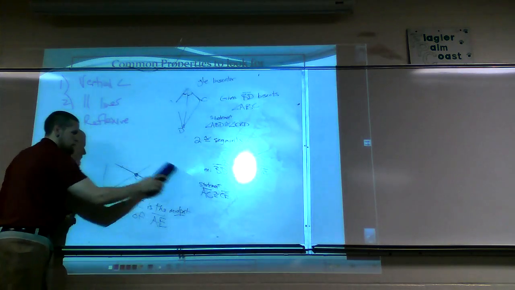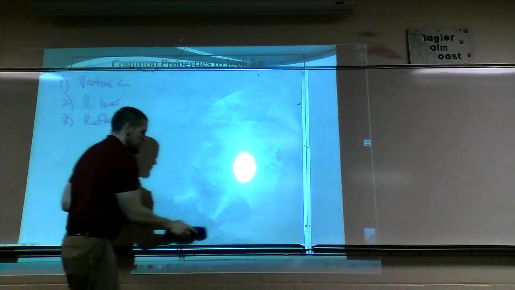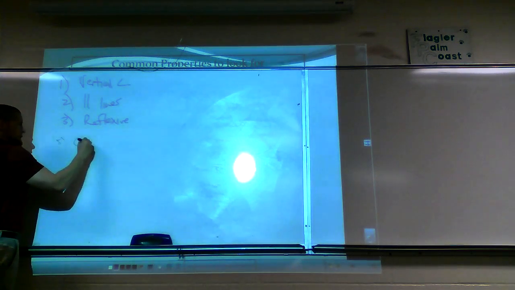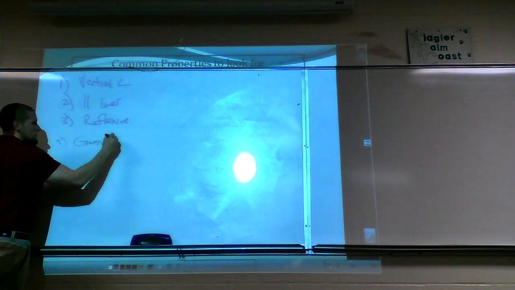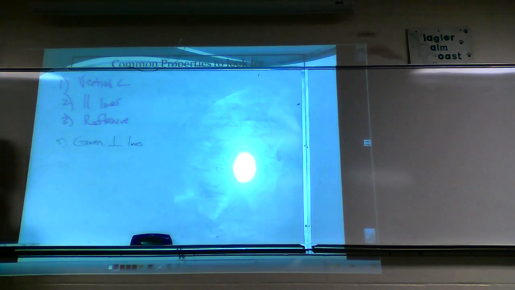The last one I'll point out for now that you think of would be you're given perpendicular lines. If you're given perpendicular lines, guys, the progression of this is still going to be the same as what it is on the first page you had, where I said here's your common progressions.